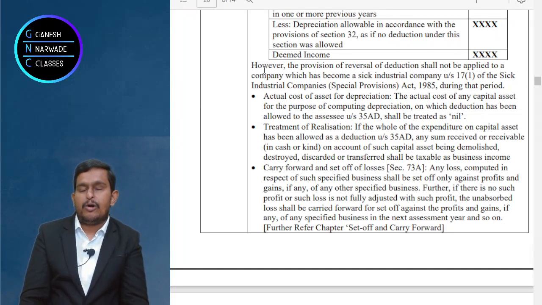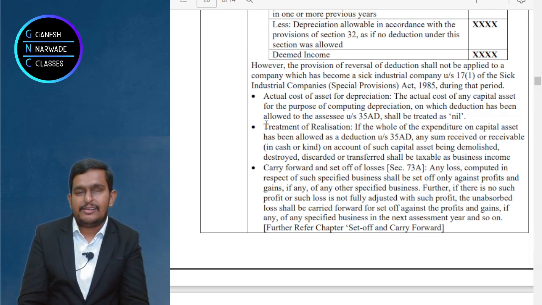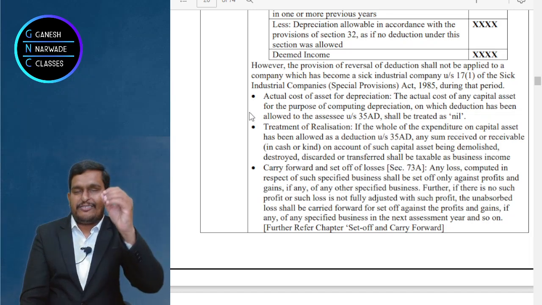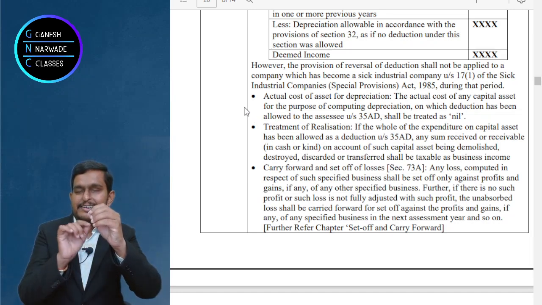Now, suppose 100% deduction for specified business. In the first year, you newly started a hotel. In the first year, will you get into profits? Or in the first year, will you recover the entire capital expenditure? Practically not possible, right? So what do you do? Your profit will be less and the 35AD deduction will be more.